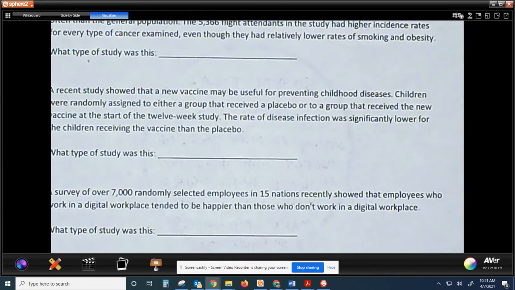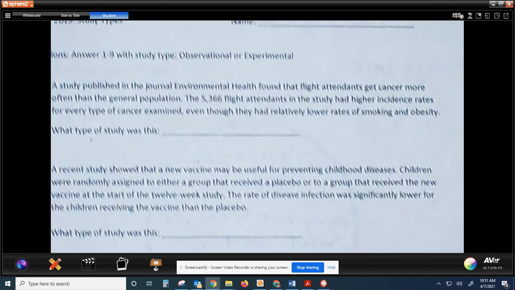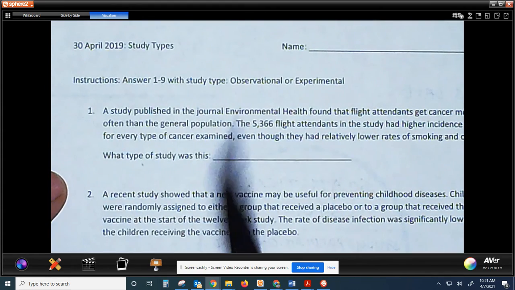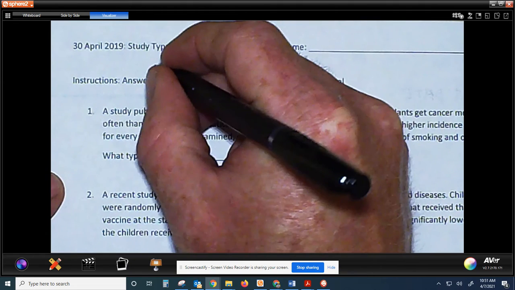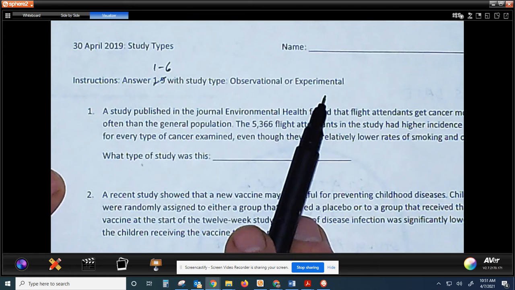Is this an observational or an experimental study? So instructions at the top say answer 1 through, oops, that's an error, 1 through 6 with study type, observational or experimental.